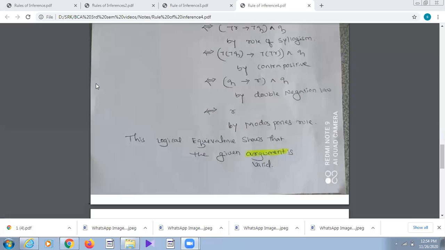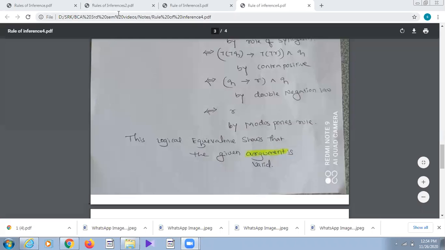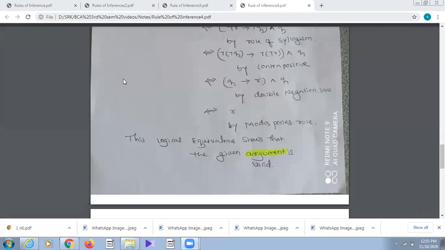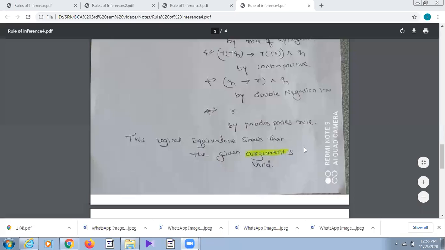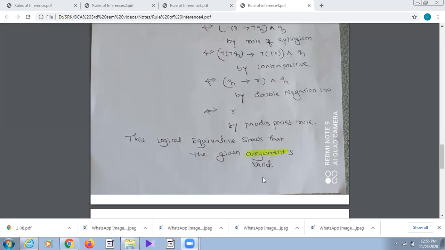This concept, rule of inference, is finished, and up to this will come in the Tuesday exam, the Tuesday MCQ test. So study all the concepts.